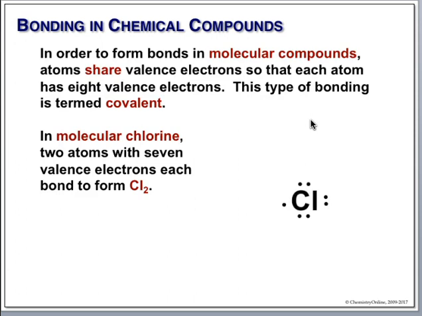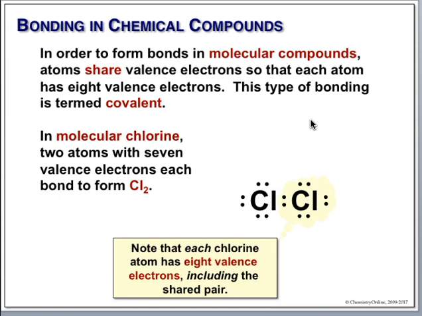To make a covalent bond, we said we take an atom. In this case, we have one unshared electron. We're going to move another atom with an unshared electron up next to it so that we can share this pair and therefore give each atom in the compound a full octet of electrons.